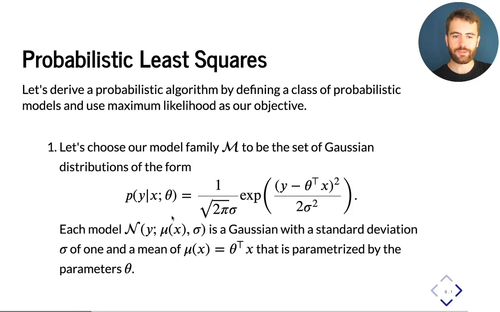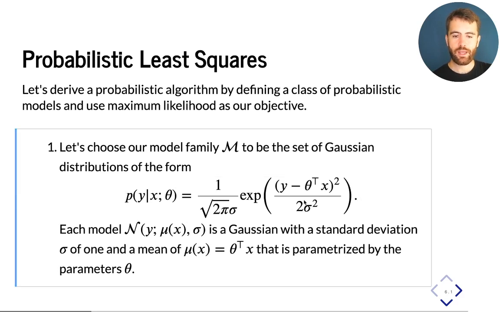For the model class, consider the following family of probability distributions, parameterized by a set of parameters theta, and this is the set of Gaussian distributions in one dimension. To make things simpler, let's consider distributions that are one dimensional. So here, y is going to be simply a scalar. We're doing regression, and y is a scalar.